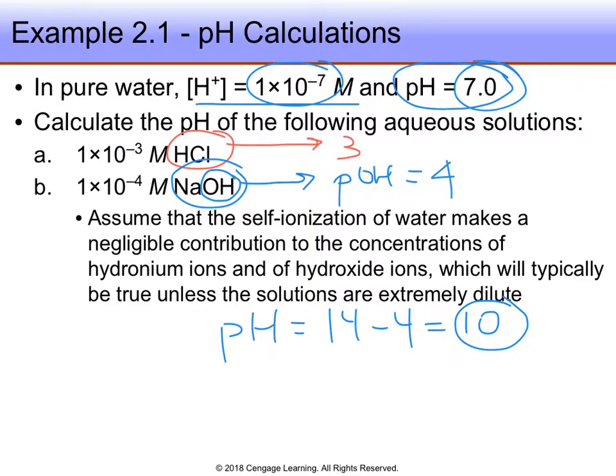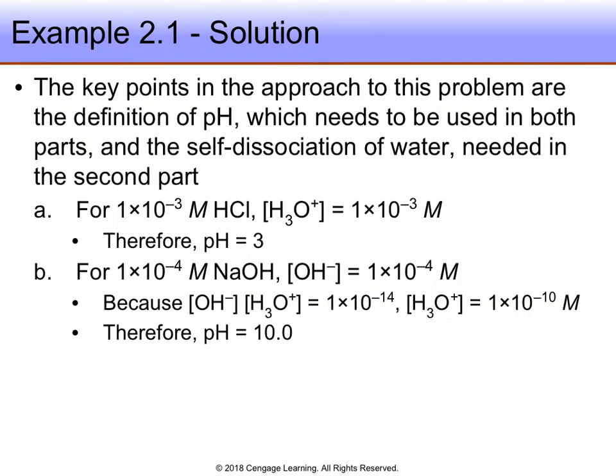Okay. And so we can actually do this with the detailed calculations. If we're looking at the same problem for 1 times 10 to the minus 3 molar HCl, the hydronium, or correct, concentration of our H plus from the dissociation of this strong acid in water is a value of 1 times 10 to the minus 3 molar.